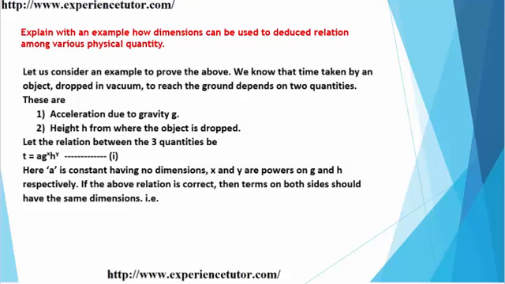Let the relation between the three quantities be t is equal to a g^x h^y. Let us denote this as equation 1. Here a is a constant having no dimension. x and y are powers on g and h respectively.